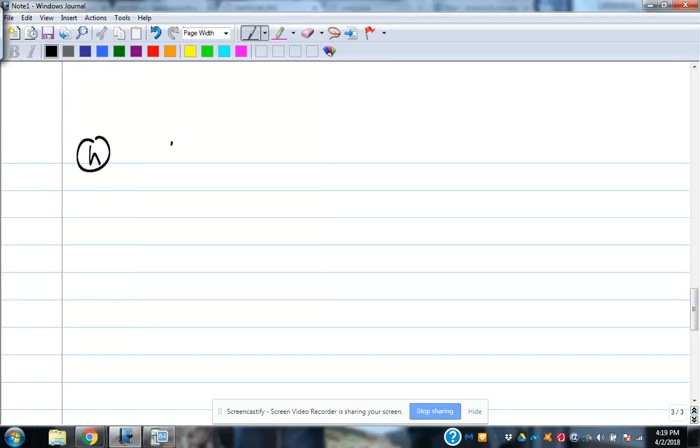Okay. Let's look at an exponential equation. 81 to the x is equal to 27. All right. So this type of problem can be solved a couple of different ways.